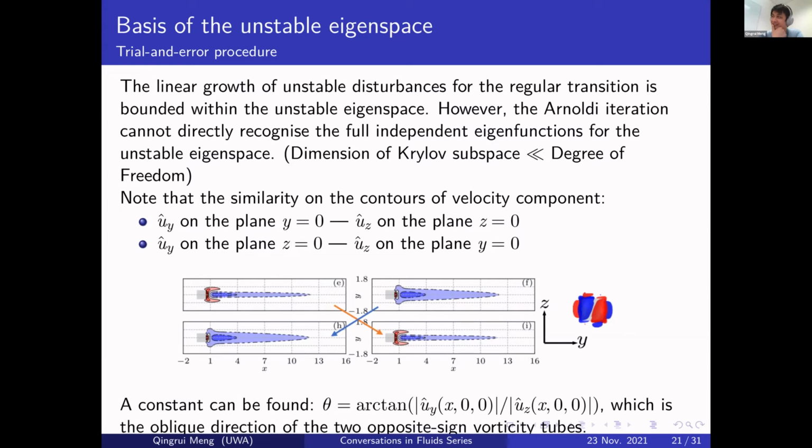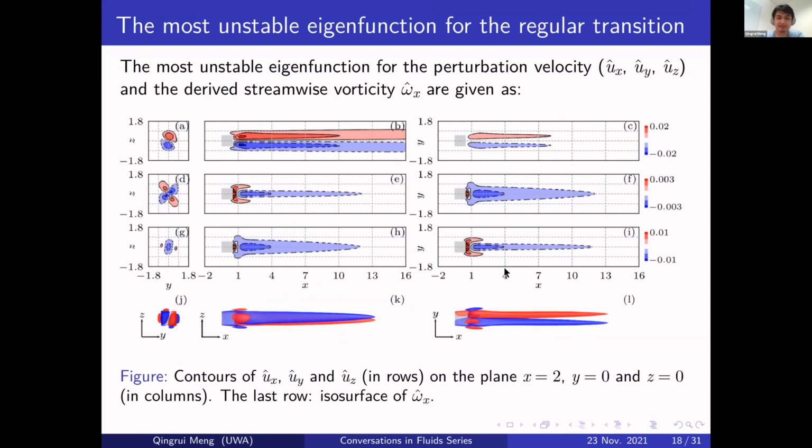And we start to consider the transitional mechanism, to think about how this regular transition occurs. If we go back here and look at the isosurface of the streamwise vorticity, we can see it consists of two parallel streamwise vortex tubes of opposite sign, along a particular direction in the rear view.